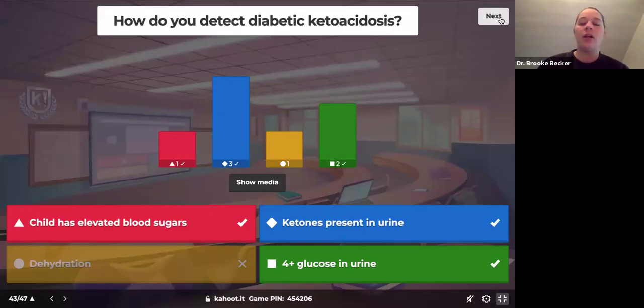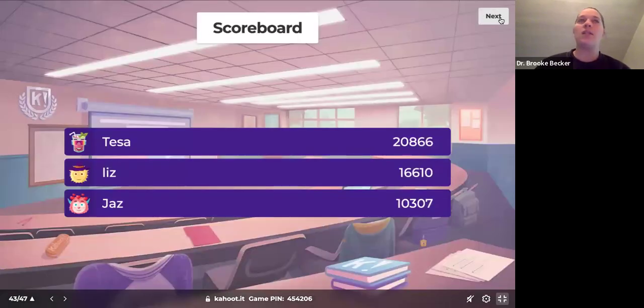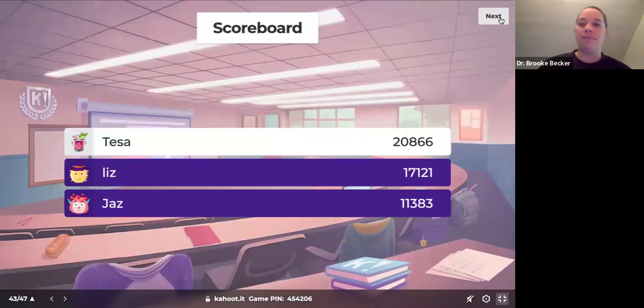So they're going to have glucose in their urine, they're going to have ketones in their urine, and they're going to have high blood sugars. Okay. Good. Now, if they stay like that for a while, they're going to become dehydrated. Okay. If they stay acidotic too long. Good.